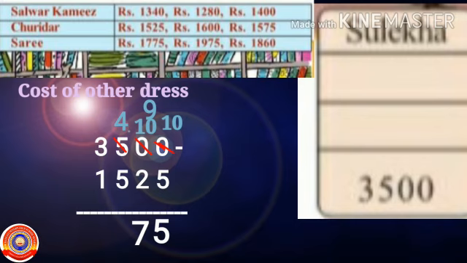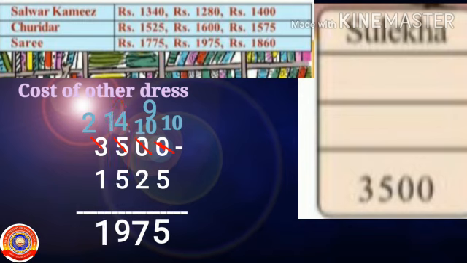Can we subtract 5 from 4? No. Again, we have to borrow 1 from this 3 and carry it with the 4. So, this 4 becomes 14 and 3 becomes 2. Then 14 minus 5, 9. 2 minus 1, 1.